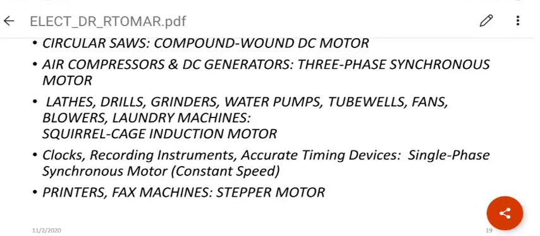Clocks, they need constant speed to maintain accuracy in timing. So a single-phase synchronous motor will be the best, because three-phase input to a clock is not generally done. Stepper motor, I told you in the past also, it doesn't run continuously. It moves through a small angle depending on the input.